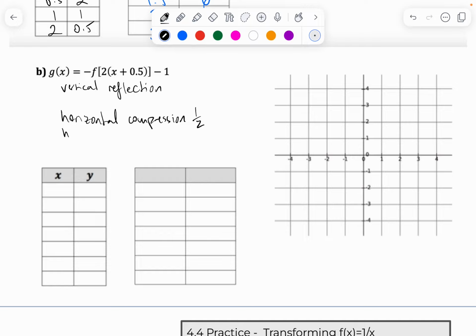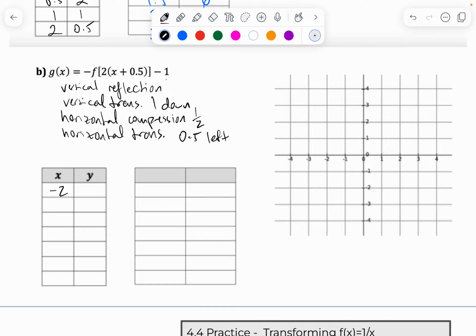Plus 0.5 is a horizontal translation, 0.5 left, and -1 is a vertical translation, 1 down. Okay, so let's make our table of values.